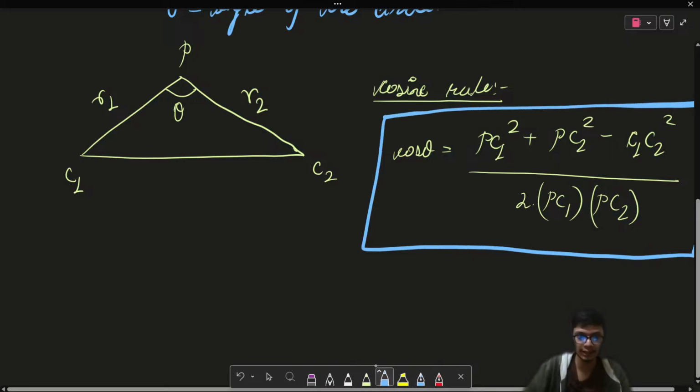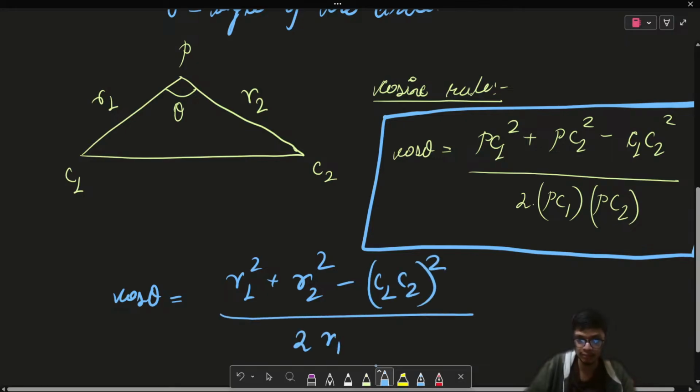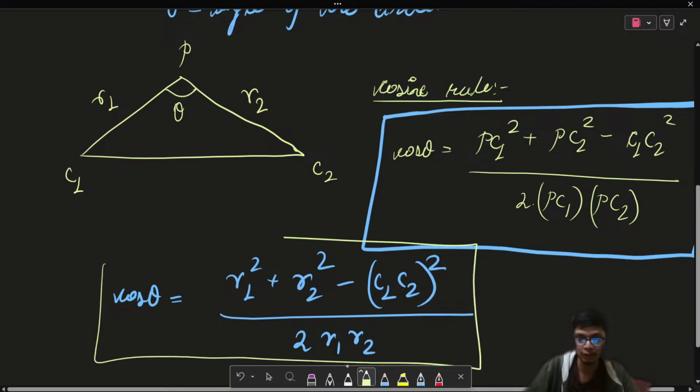If I apply this here, cosine of theta equals R1 squared plus R2 squared minus the C1C2 distance whole squared, divided by 2 R1 R2.